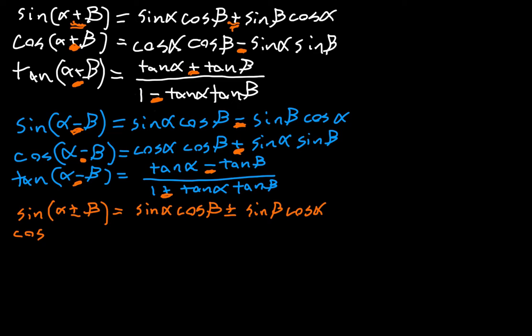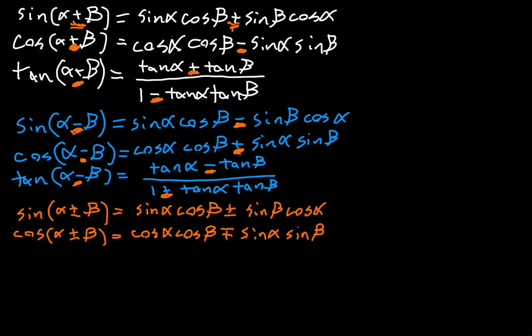We also have that the cosine of alpha plus or minus beta is going to be equal to cosine alpha cosine beta, minus or plus sine alpha times sine beta. It doesn't matter which order you multiply those in. I just like doing sine of alpha first.